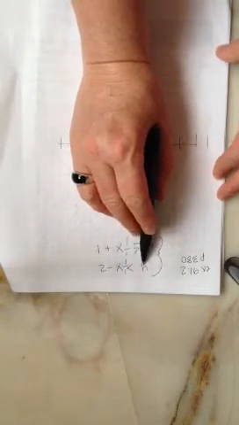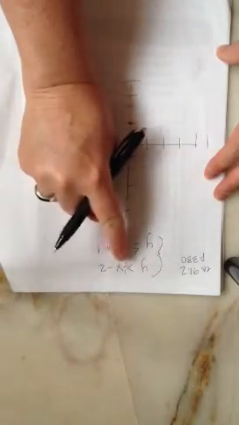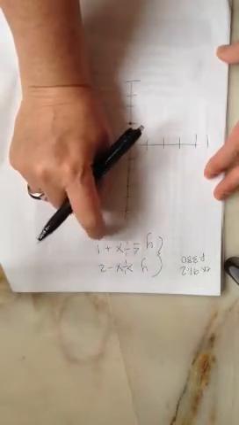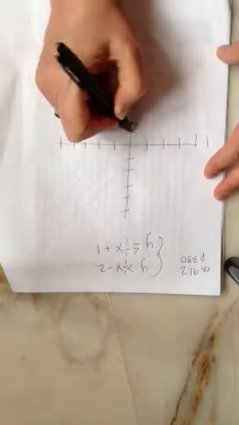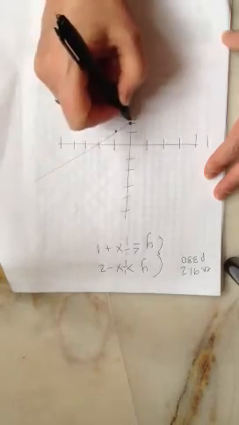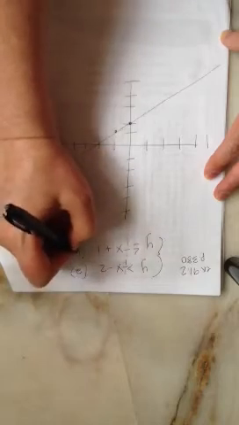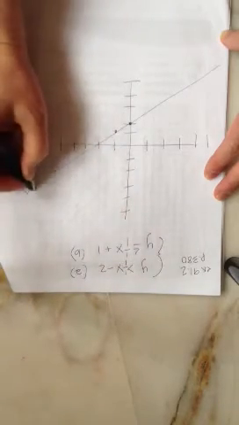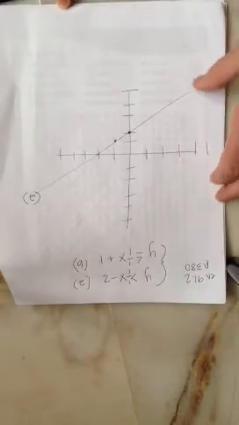Let's say y is equal to minus 2 is our y-intercept, and then we have a positive slope of 1 over 1. So there it is. There's our line. I'm going to call this one A and this one B. I'm going to put an A here. You don't have to do that in your homework, but it just helps keep it straight as I'm talking.